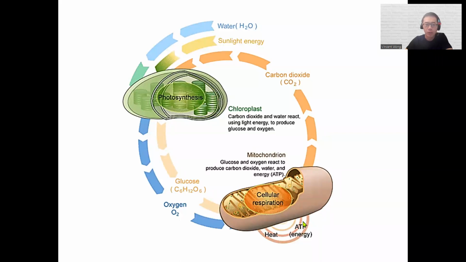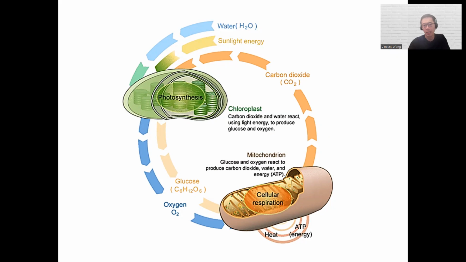Last class, we were talking about different kinds of organelles that you will find inside a cell, and we discussed the endomembrane system as well as other types of organelles that are not part of the endomembrane system.